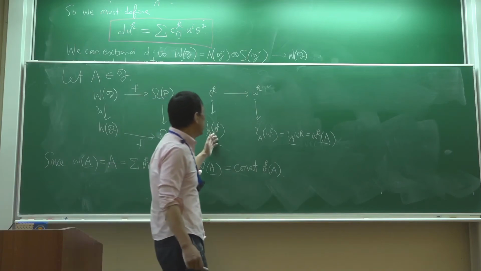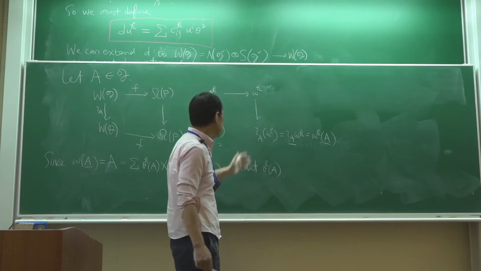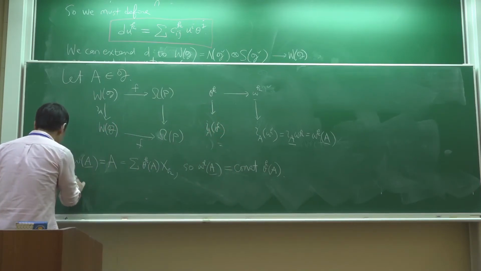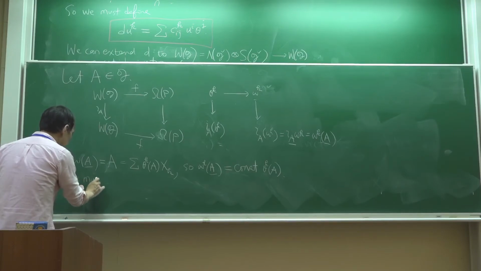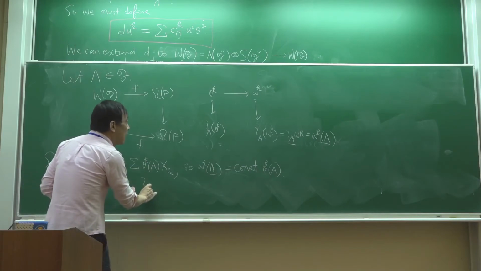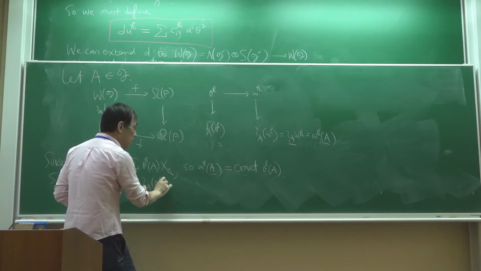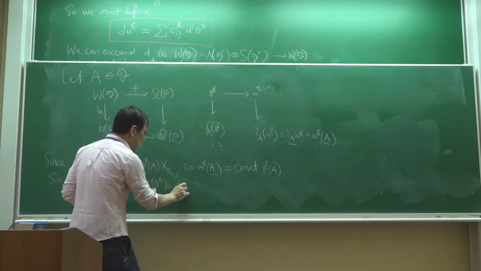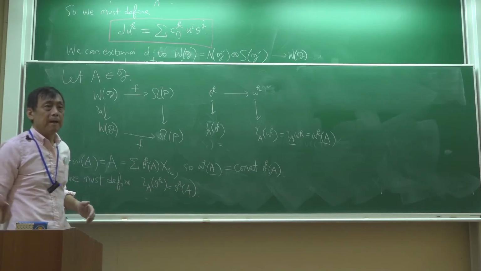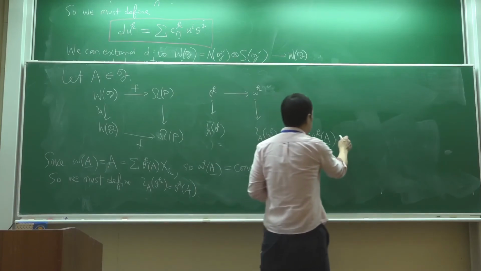Now the Weil map takes a constant to a constant. So we must define IA of theta k to be theta k A. Then this diagram will commute.